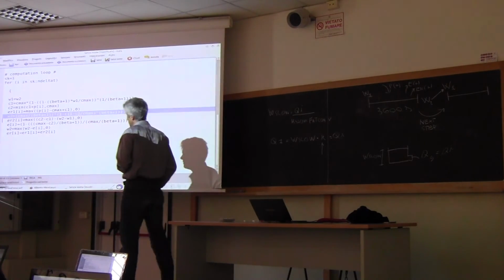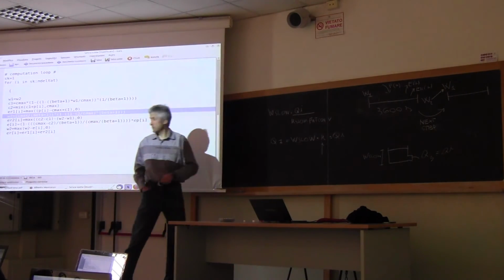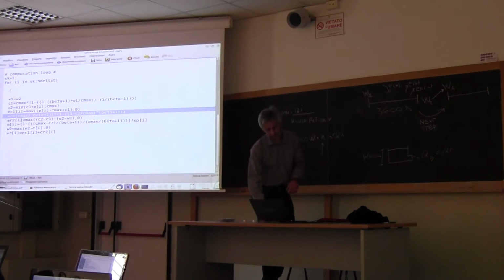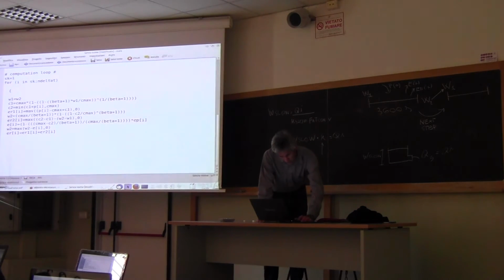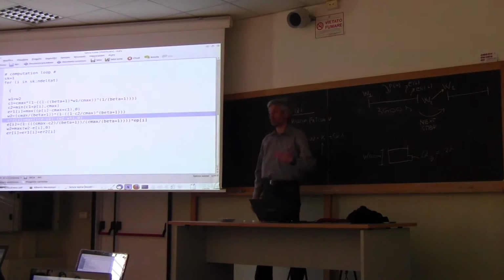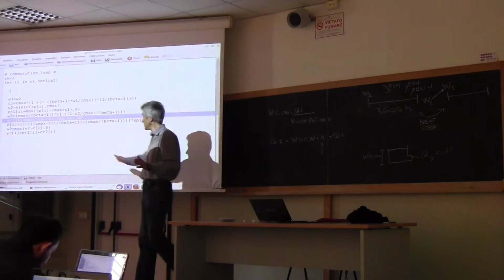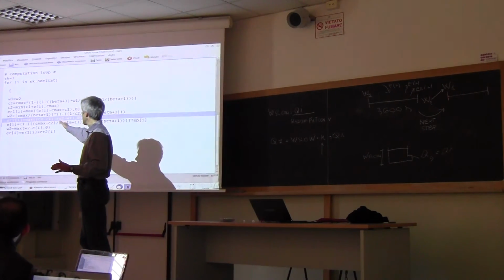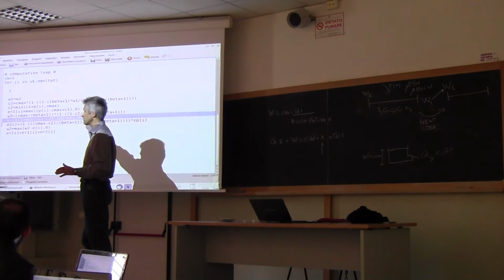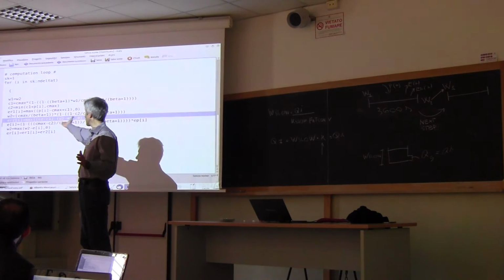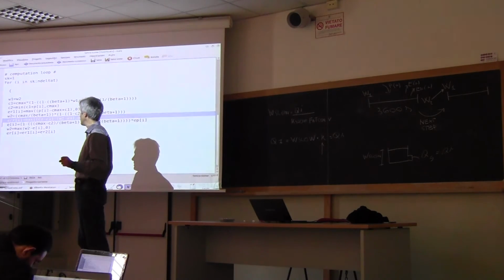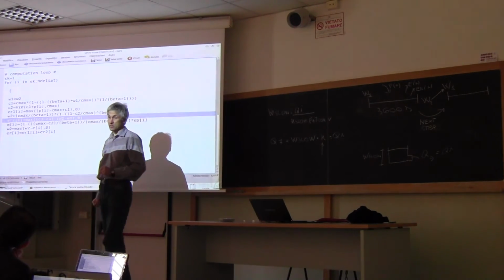So basically ER2, again, the same relationship that I explained to you yesterday. You see, C2 minus C1 minus W2 minus W1. And there is just a check that ER2 is not lower than 0.